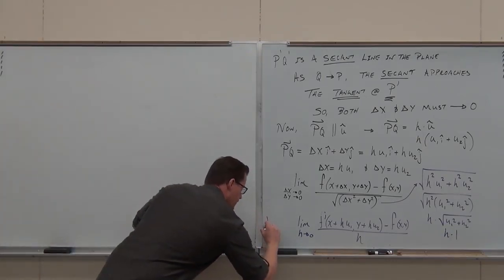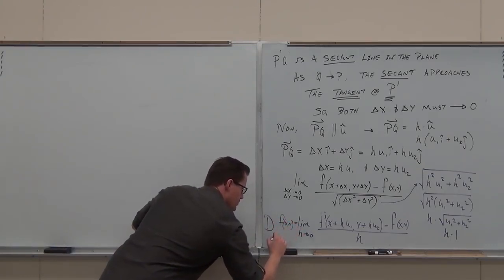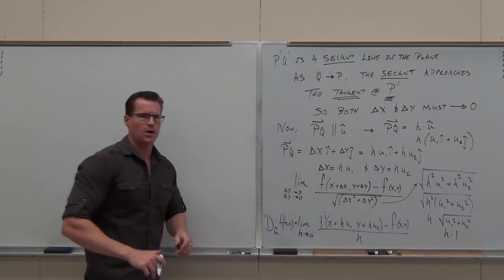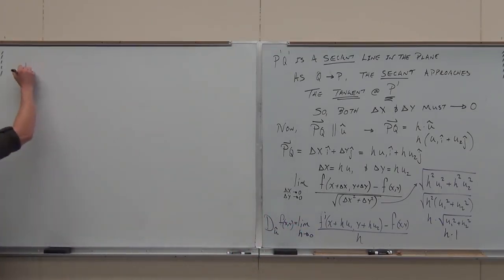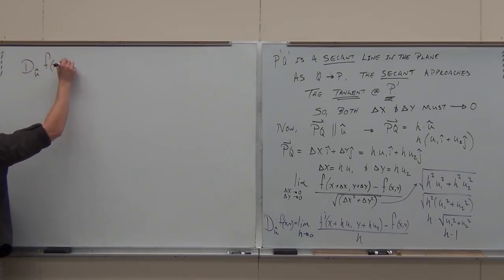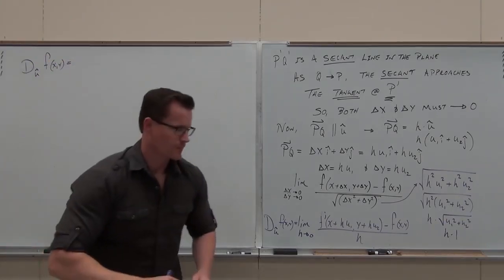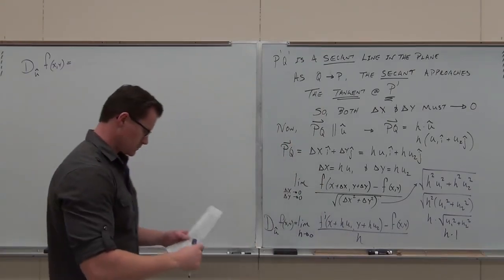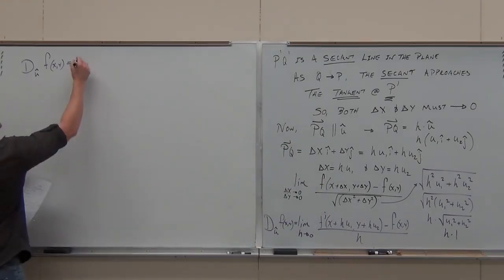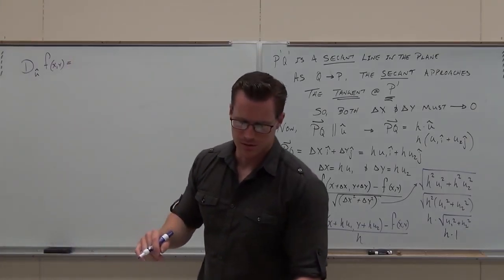This is what we call a directional derivative of a function of two variables along a unit vector u. That's how we write it. How we actually do it: it was kind of cool of us to do it this way.